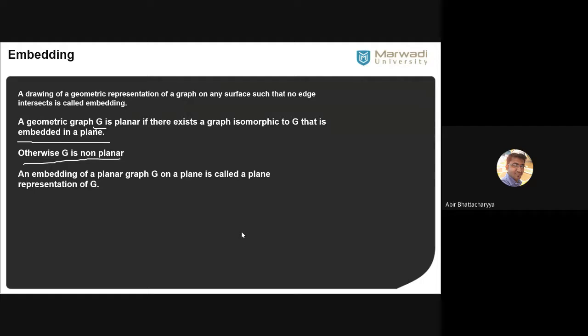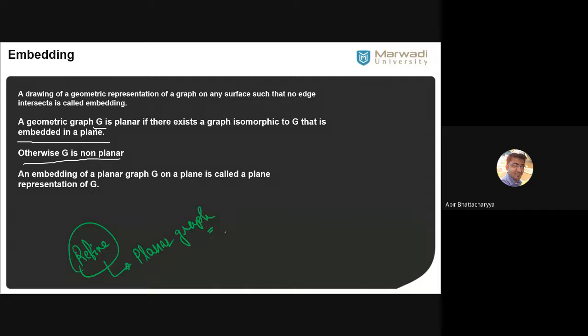Now, what we will do, I will refine the definition of planar graph. It's called refinement. In the last slide, I told you a planar graph means there is no edge crossover. Now what I'm saying, it may be possible there is an edge crossover.